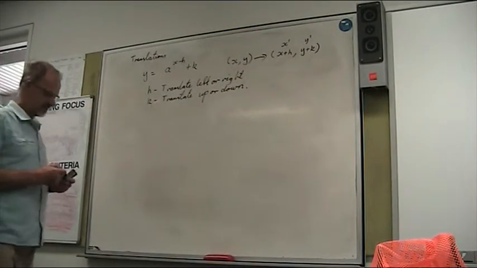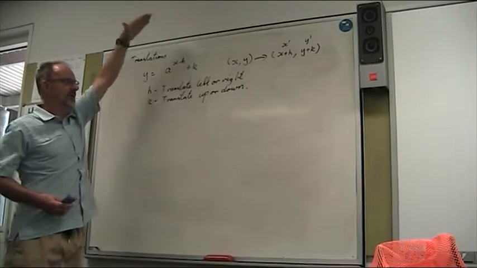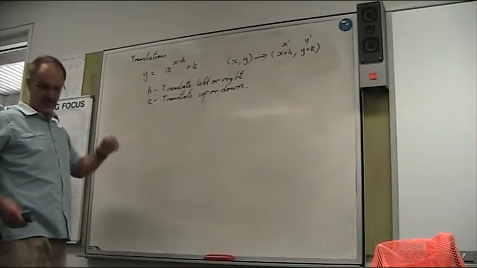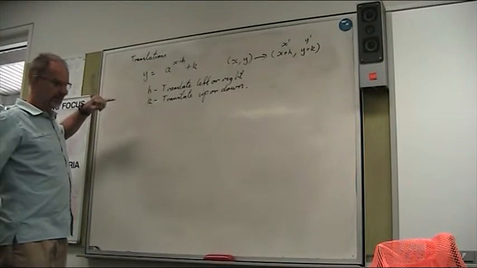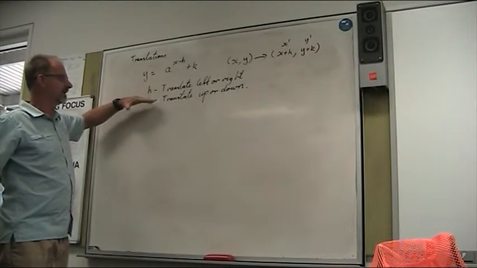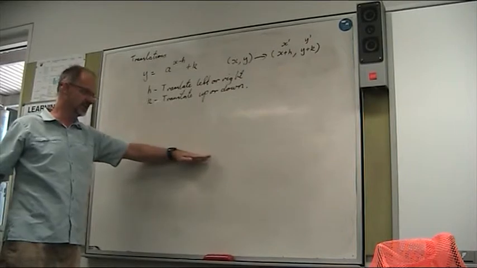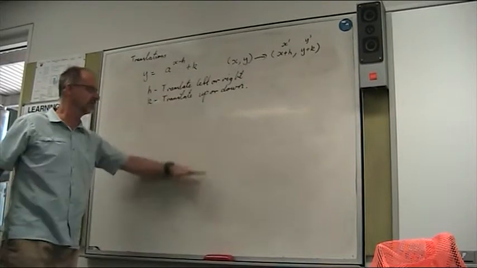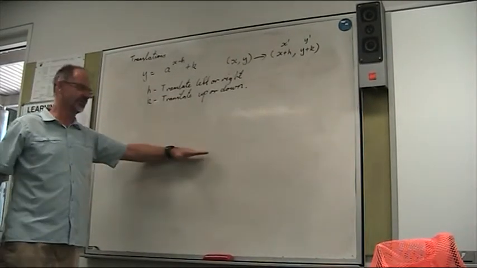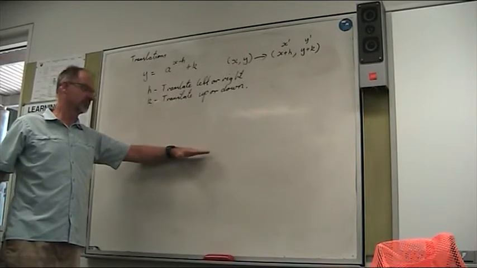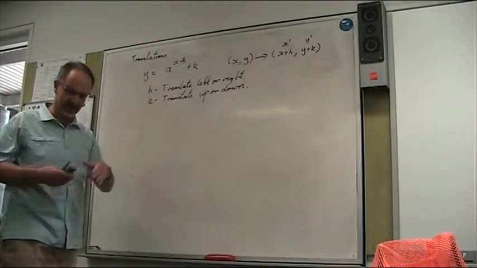All right, so if we move up or down, then that's going to move our horizontal asymptote. Remember, the horizontal asymptote was the x-axis, so if we move up or down by k, that's going to move it from y equals 0 to wherever that k is.